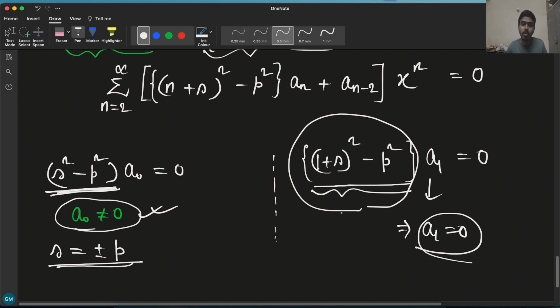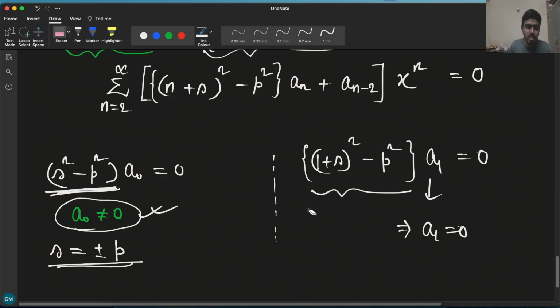In that case, try it as a homework, you will get that a0 has to be equal to 0, and the final solution that we will get will not differ. So that you can check as a homework.